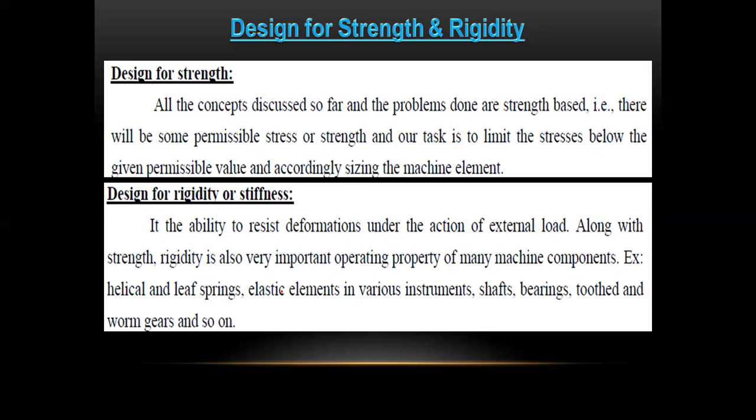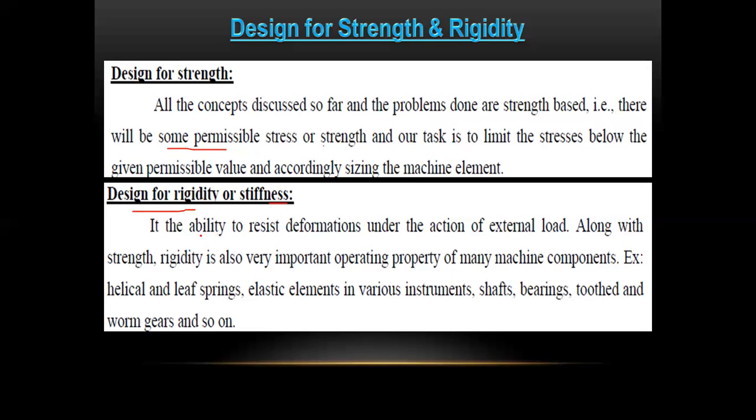Next one is design for strength and rigidity. In this design for strength and rigidity, all the concepts discussed so far, the problems done, were strength based, with permissible stresses. Now we will see the design for rigidity or stiffness.